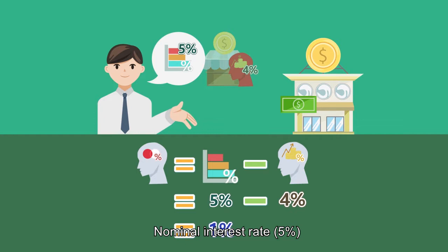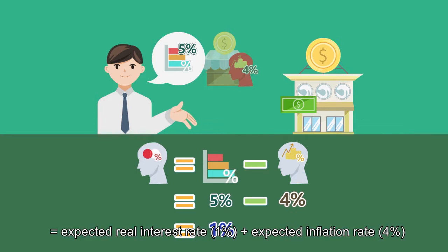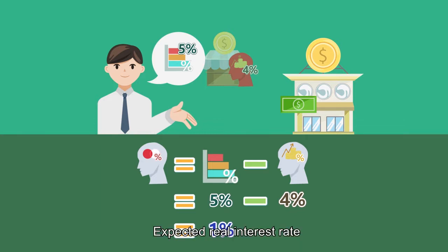Nominal interest rate, 5%, equals expected real interest rate, 1%, plus expected inflation rate, 4%. Expected real interest rate equals nominal interest rate minus expected inflation rate, equals 5% minus 4% equals 1%.